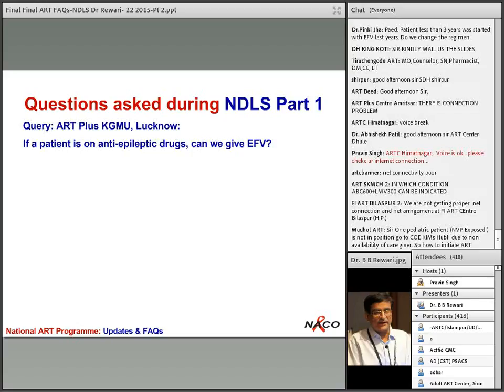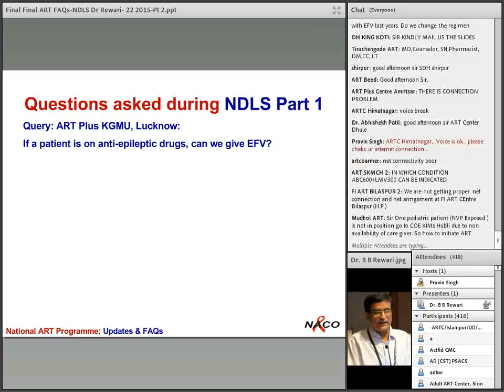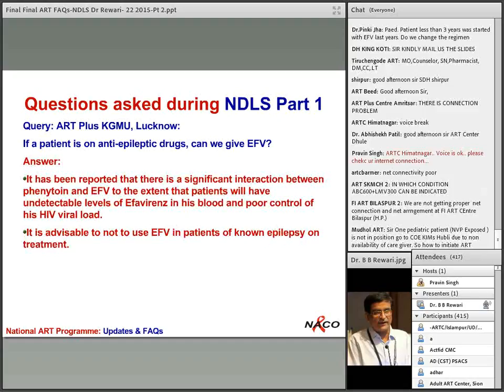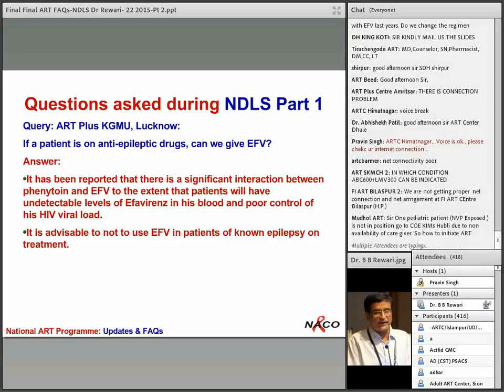Another question, a very important question, was if a patient is on antiepileptic drugs, can we give efavirenz? It has been reported that there is significant interaction between phenytoin and efavirenz to the extent that the efavirenz may become undetectable, or the level may become very low, and this may lead to poor control of the patient's viral load.